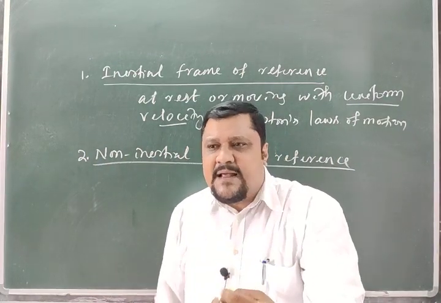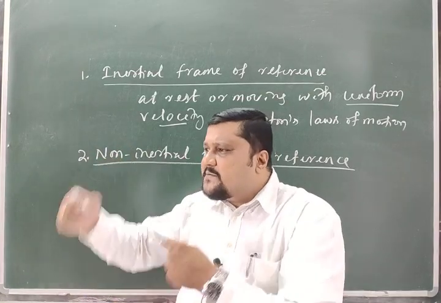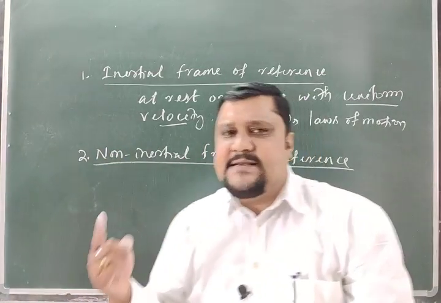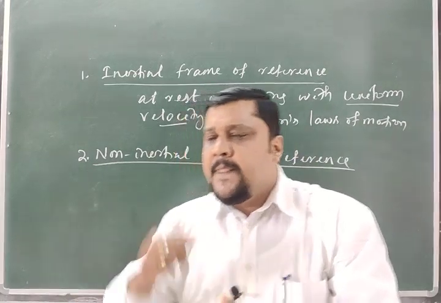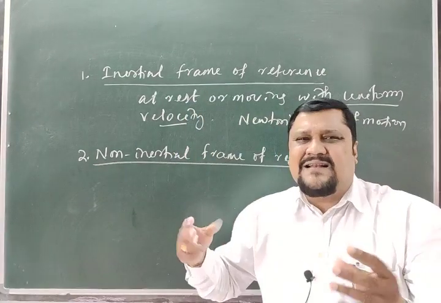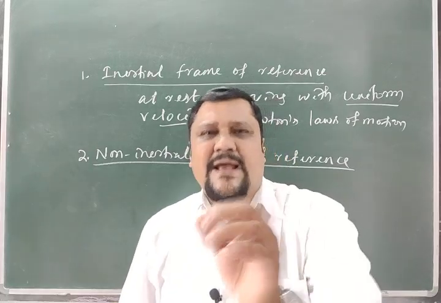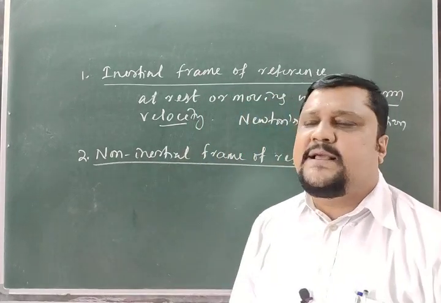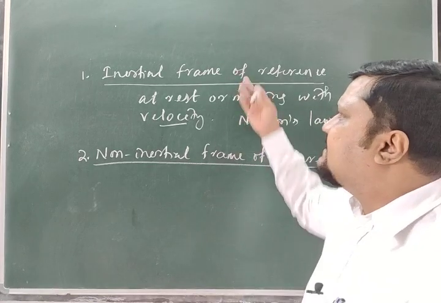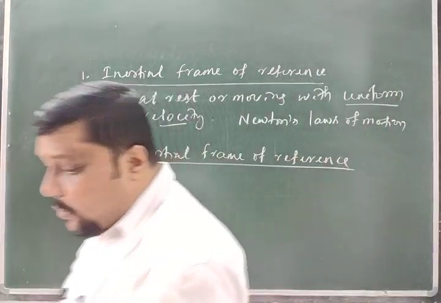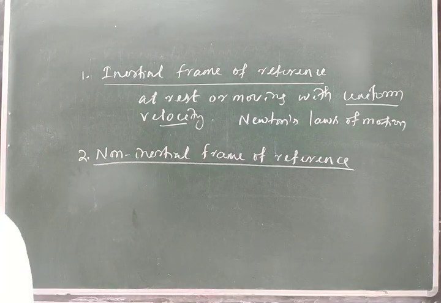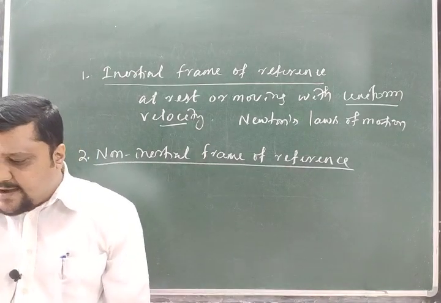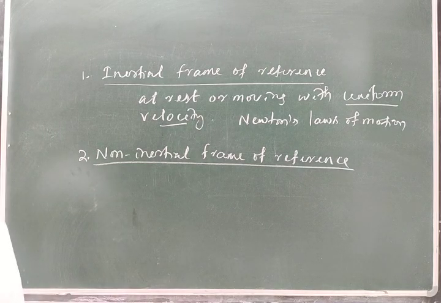If we consider that the earth is moving with uniform speed around the sun and around its own axis, though that is not exactly uniform, we can neglect the small changes and say that I am also moving with the same uniform velocity while observing something, so that is the inertial frame of reference. For example, a train moving on a horizontal track.